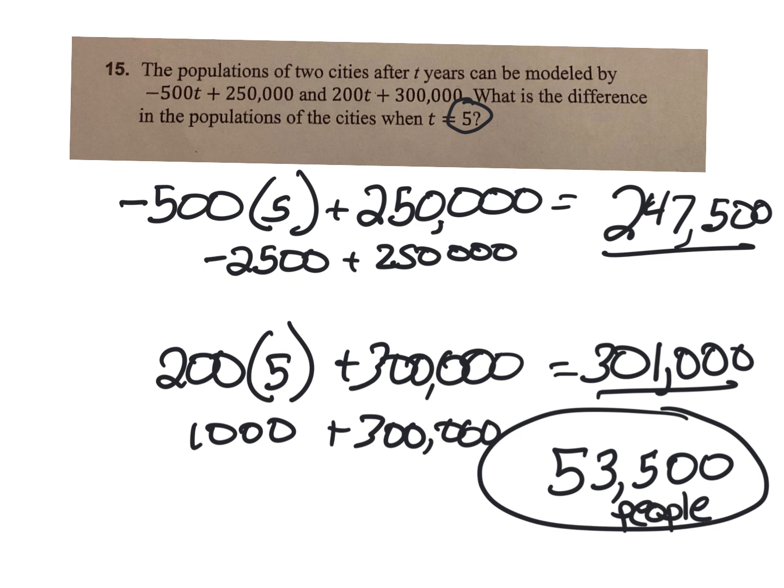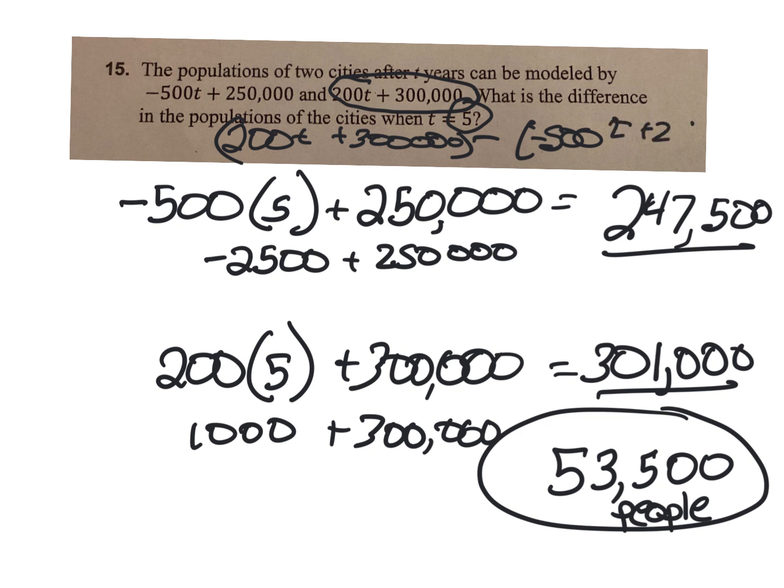The other way you could do it is you could do that linear expression 200t plus 300,000 minus the negative 500t plus 250,000.